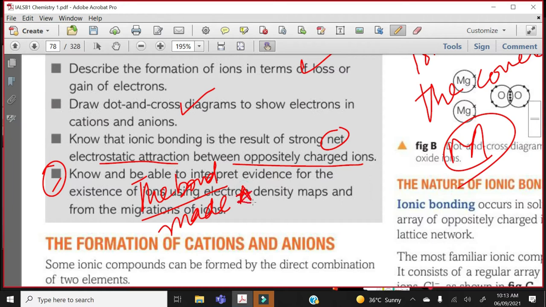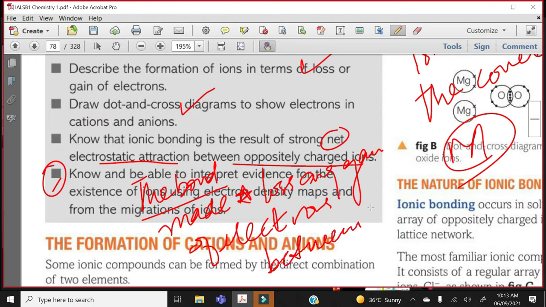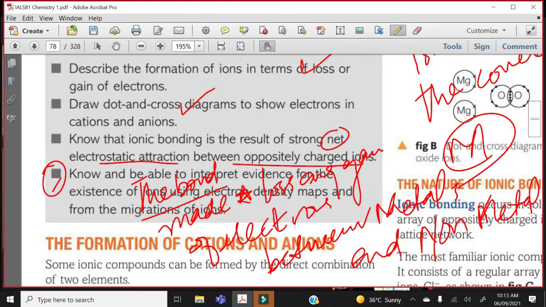Star point 1: loss and gain of electrons between metals and non-metals. The loss and gain of electrons between metals and non-metals.